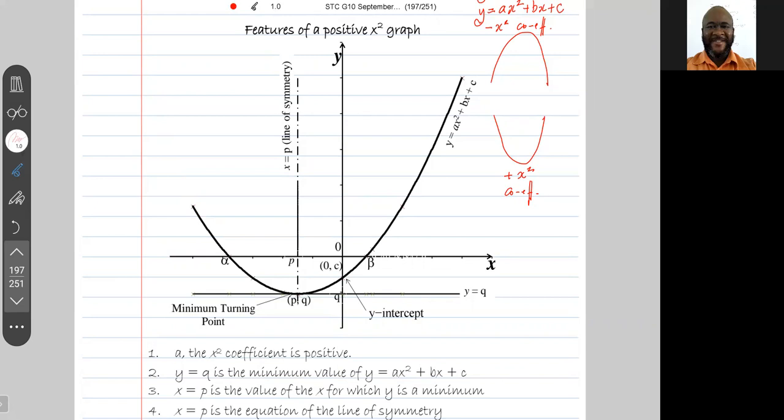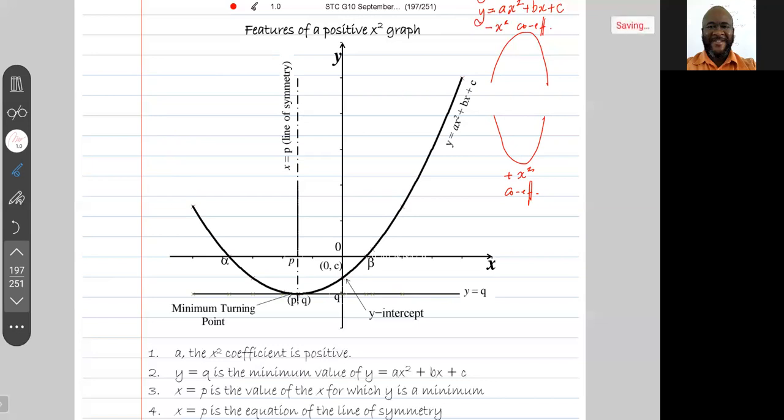So first of all, this is what the graph of an equation of the form y is equal to ax squared plus bx plus c would look like. If I draw a graph of an equation of the form y is equal to ax squared plus bx plus c, the graph would look something like this, and this shape is called a parabola.